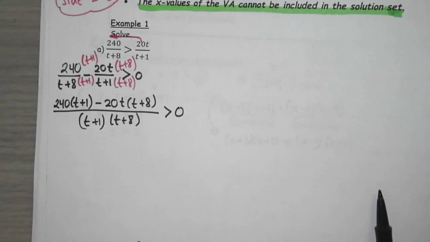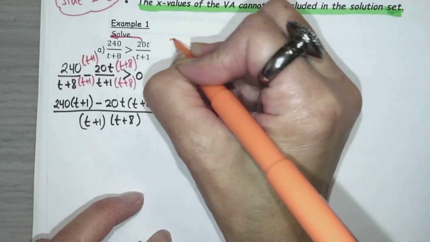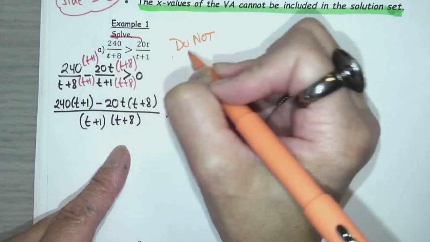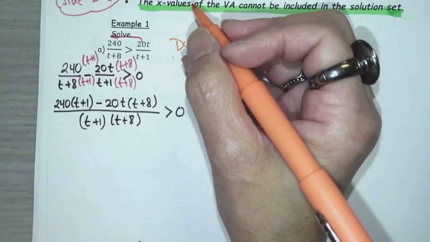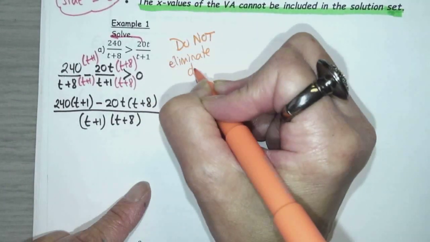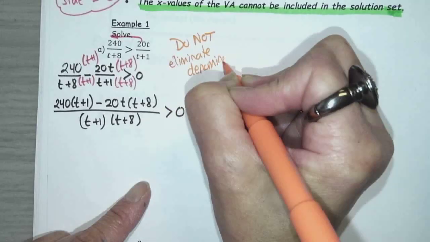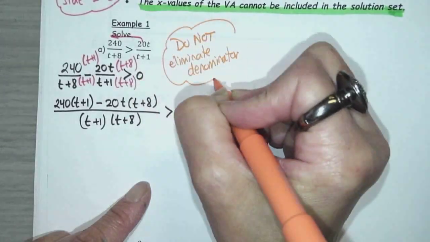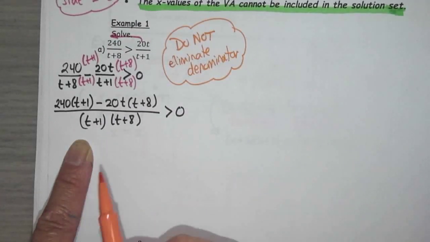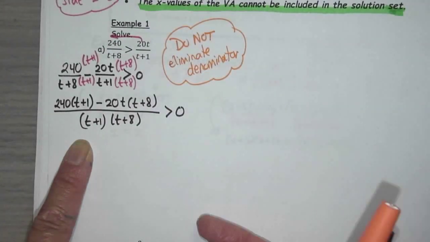Okay? So for an inequality, do not eliminate the denominator. Ever. Okay, you're losing your asymptotes, you're losing a possibility when the graph could be going positive, negative.